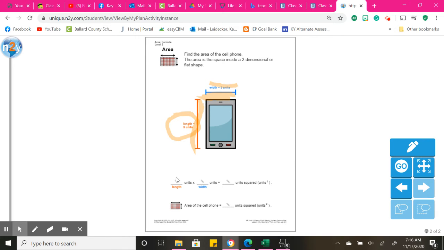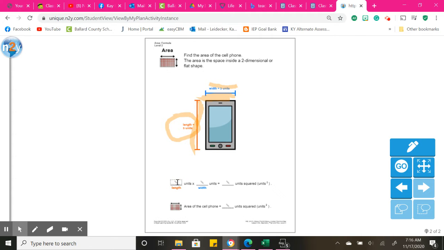So the length is 5 units and the width is 3 units. For area, like I said, we do length times width, or length times height. 5 times 3 is 5, 10, 15. So the area of the cell phone is 15 units squared.